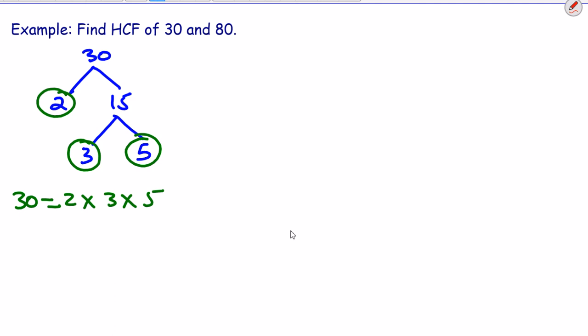For 80, we'll also use the same process. So 2 and 40, because 2 multiplied by 40 is 80. 2 multiplied by 20 is 40. And then 2 multiplied by 10 is 20.